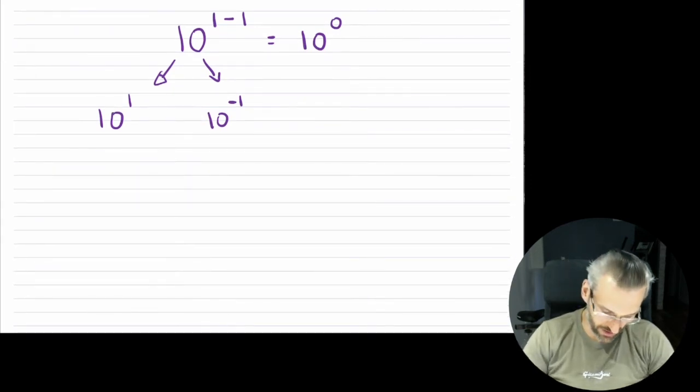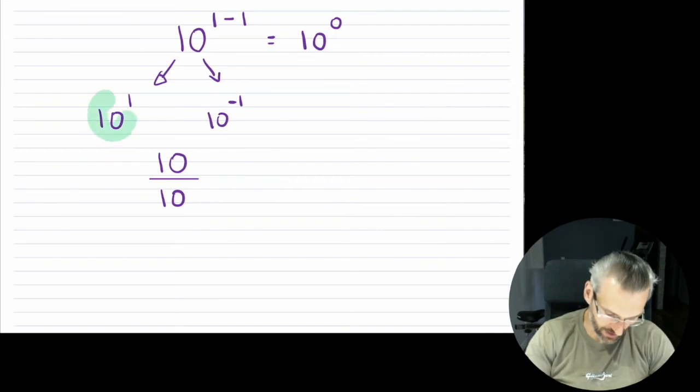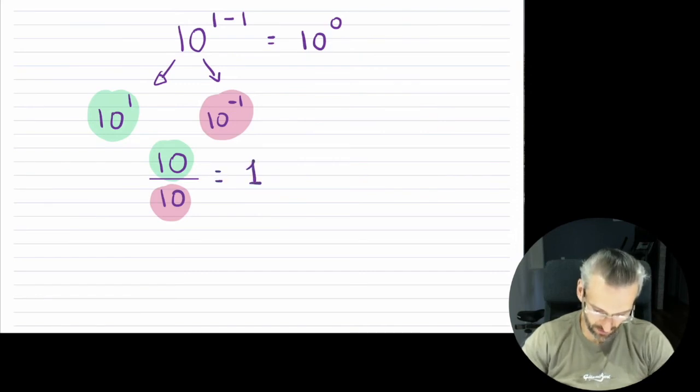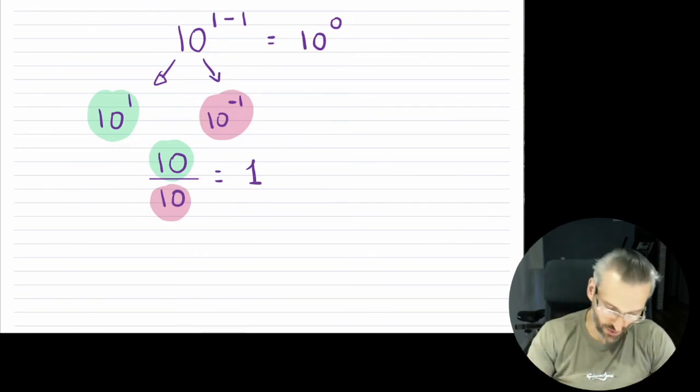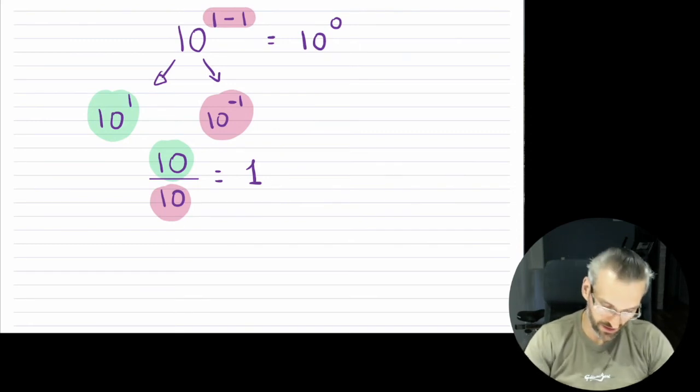So what I'm doing is I actually have 10 divided by 10. So this 10 right here comes right there, and this division, well, that's division. So notice 10 divided by 10 will be equal to 1. And as you can see, the exponents, 1 minus 1 is 0. So indeed, this would be equal to 1.